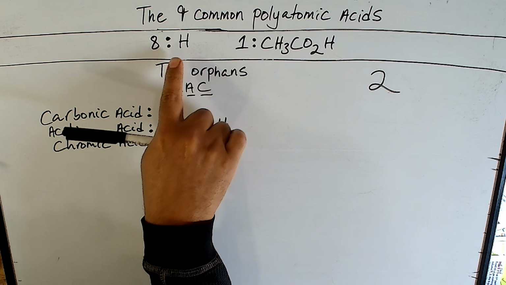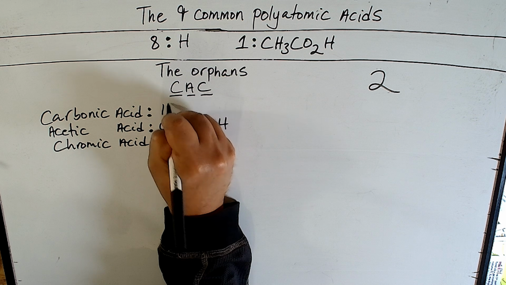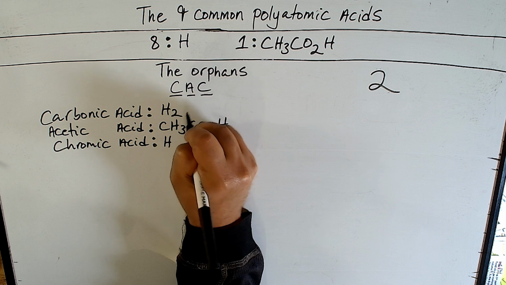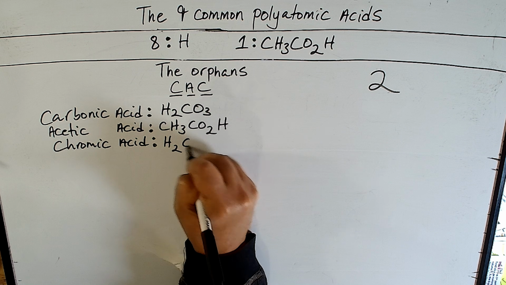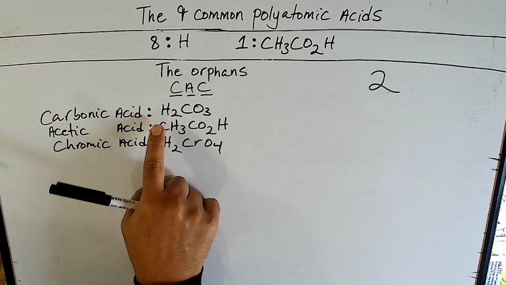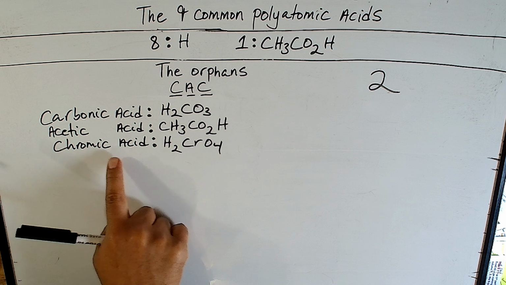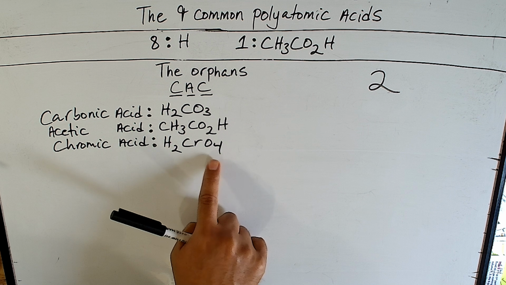Now, we said that 8 of them start with the letter H. So I'm going to write an H, and then I'm going to write the rest of it. Carbonic acid has the chemical formula of H2CO3. Chromic acid has the chemical formula of H2CrO4.